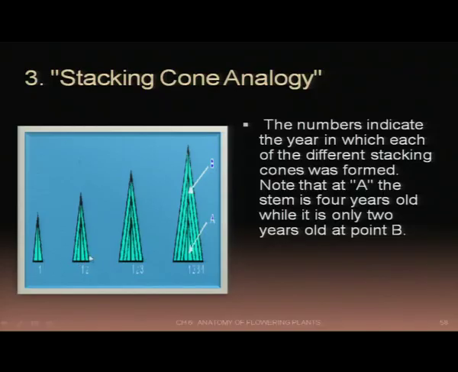This is how 2 cones means 2 layers, 2 years, 3 cones means 3 years and 4 means 4. Now, at the A point the stem is 4 years old here, and here at B point the stem is only 2 years old. Okay? This is the difference between primary growth and secondary growth. The primary growth is taking place here and secondary growth is here.